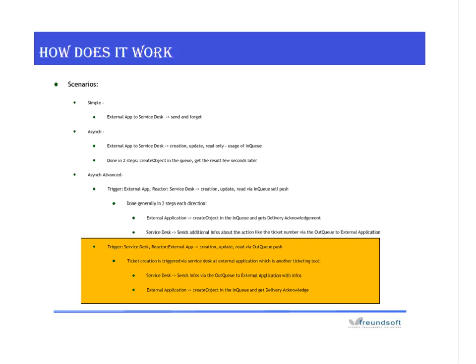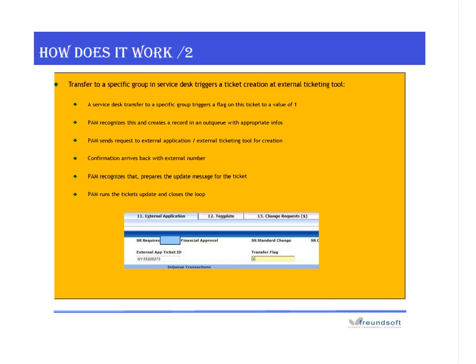And vice versa, when the external application, the external ticketing tool if you like, is resolving this ticket, we need to know about this in the service desk. So this external application is sending us from the other side a notify, or if you like, an update statement, which is essentially another record into the in queue this time, to say this ticket is resolved, and so on. So this is the idea with this scenario.